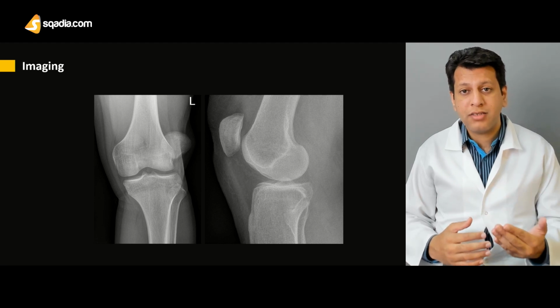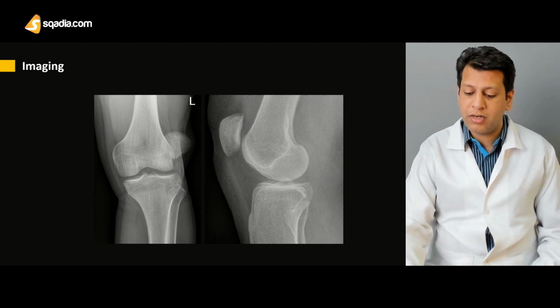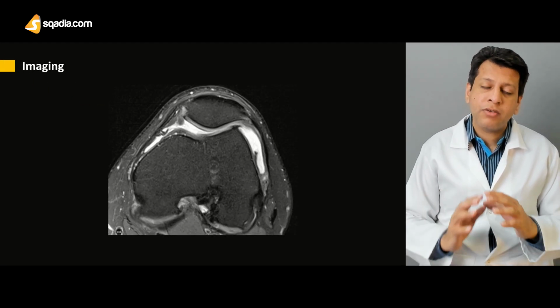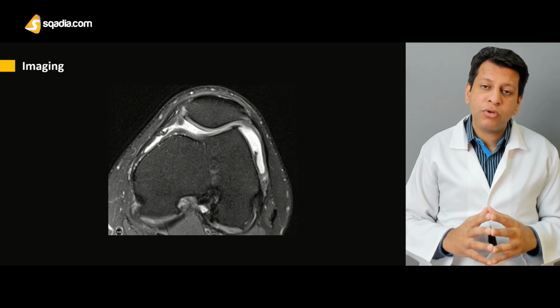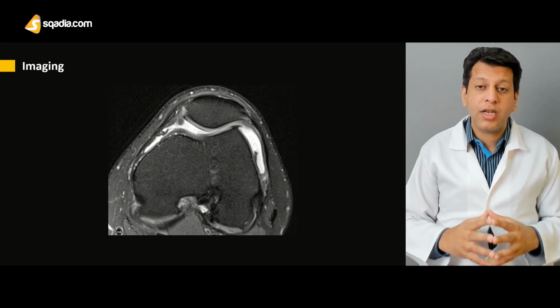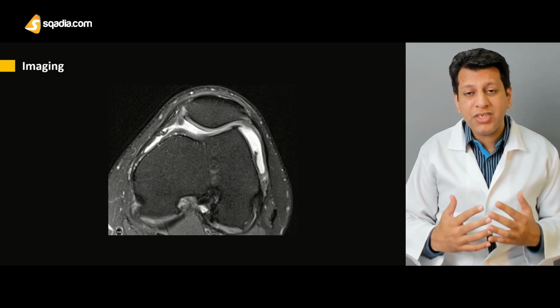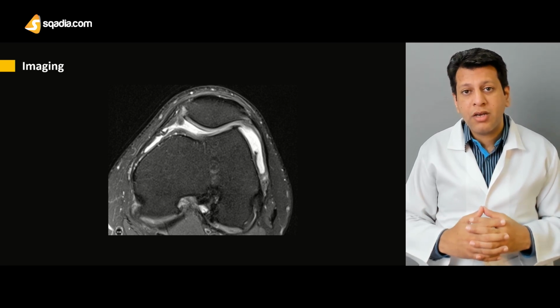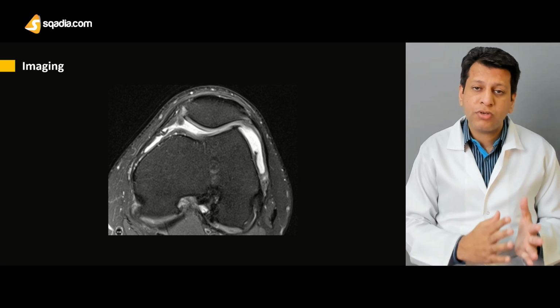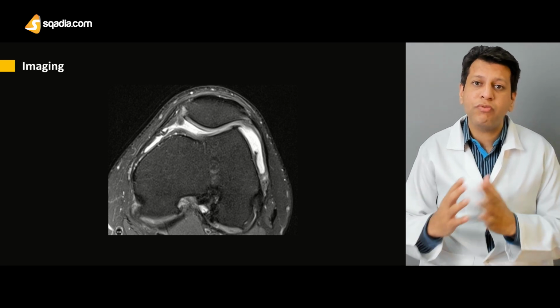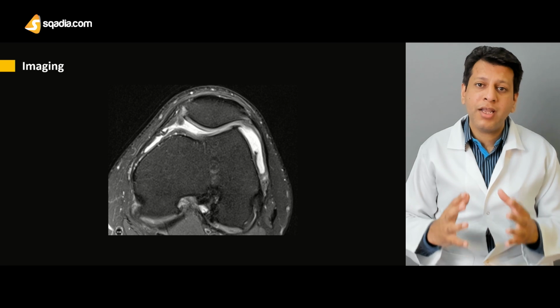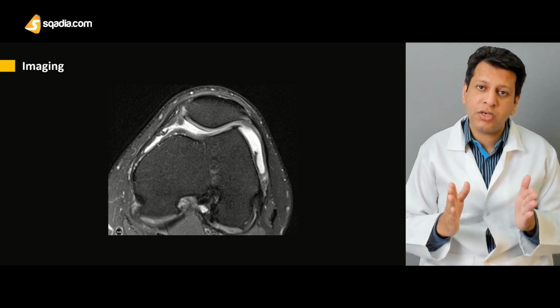One is CT scan and the other is MRI. And why do we need to go for CT scan? We need to go for CT scan because we need to calculate a ratio called the TT-TG ratio. TT-TG stands for tibial tubercle to trochlear groove distance. This is usually less than 20 mm or 2 cm normally.